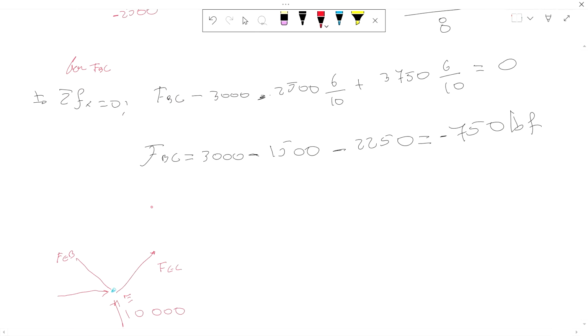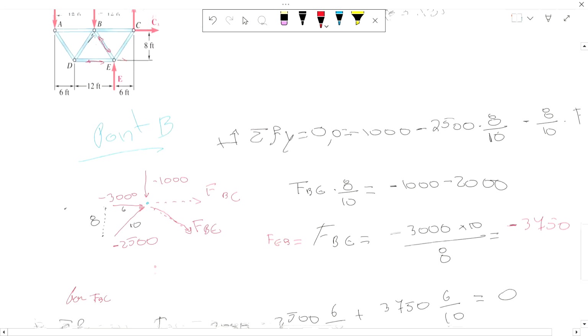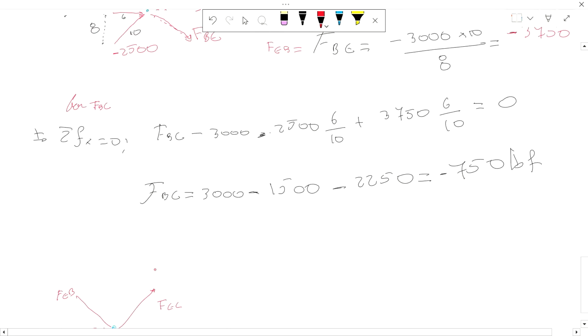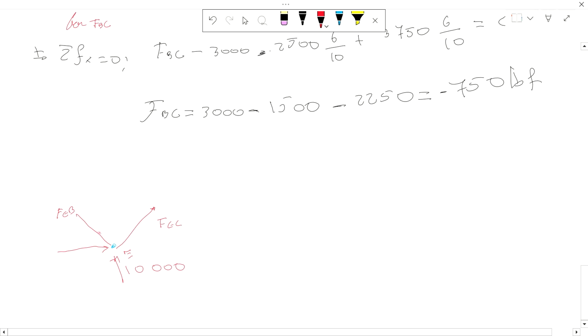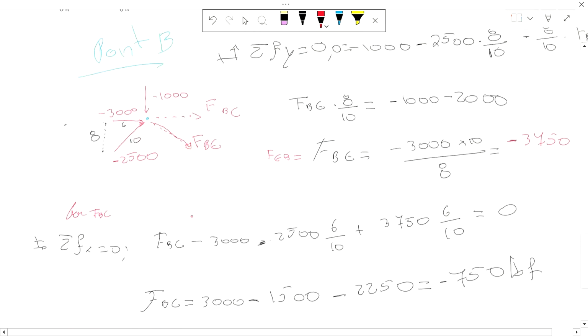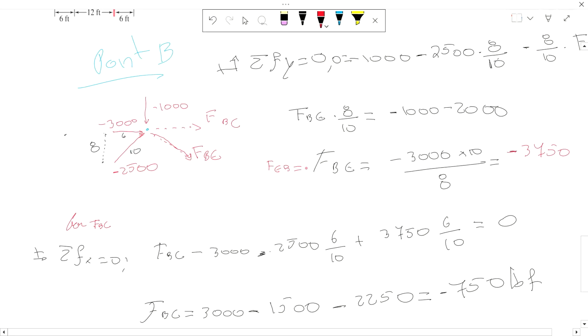Okay, so B to C. Oh, actually, we don't have to take into account B to C, so it's E to B. And E to B was negative 3750.